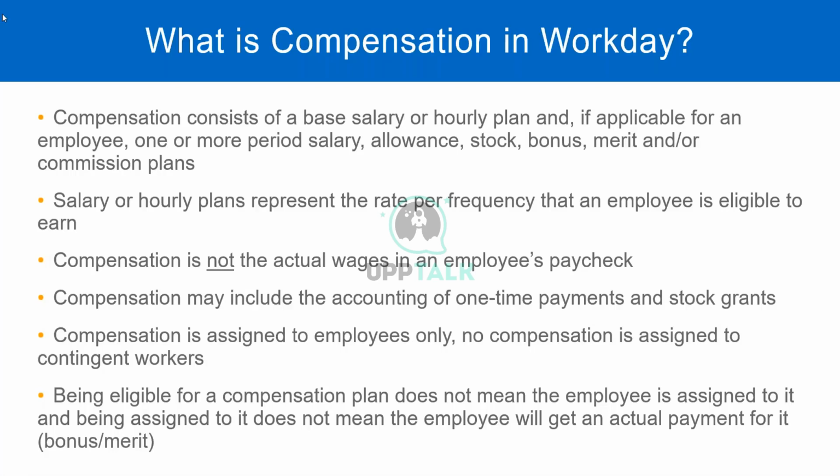The company made profits, you got some awards, or maybe you got some dividends. Those are all your earnings. So whenever we talk about compensation, we only talk about the earnings. We do not talk about the deductions.